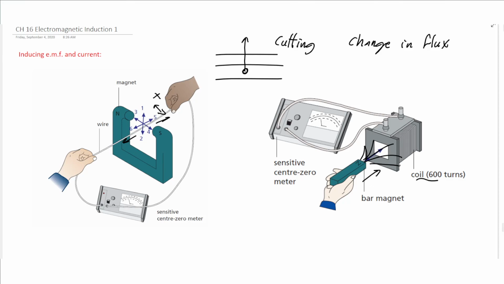So if you move one direction, the current will flow in one direction. If you move in the opposite direction, for example, away from the coil, the current will flow in the opposite direction. If you are required to demonstrate electromagnetic induction, always use the moving magnet and coil, because it creates a higher voltage, because it creates a higher rate of cutting.